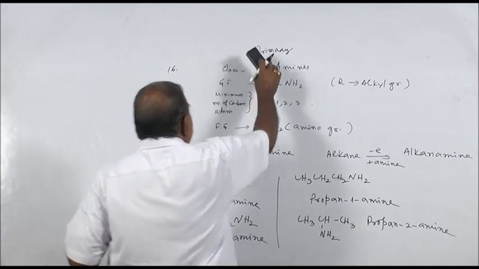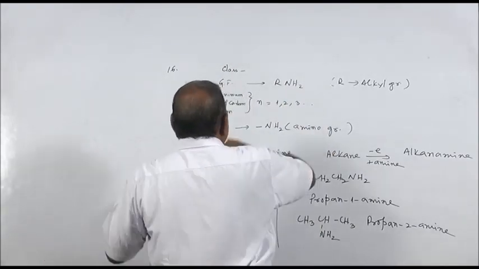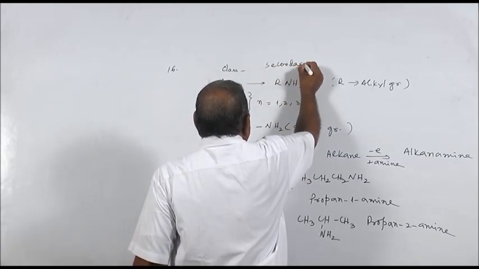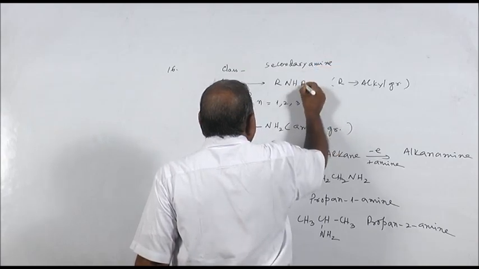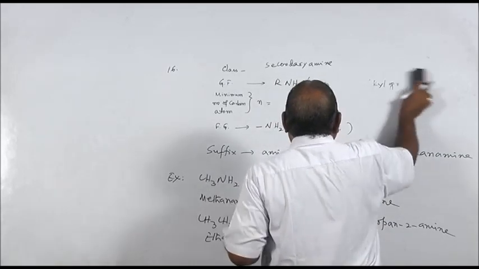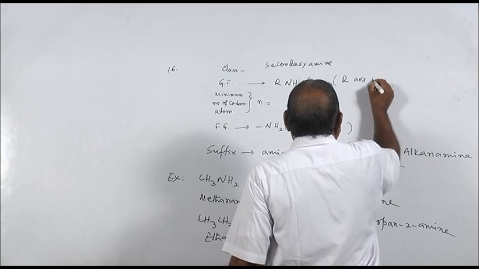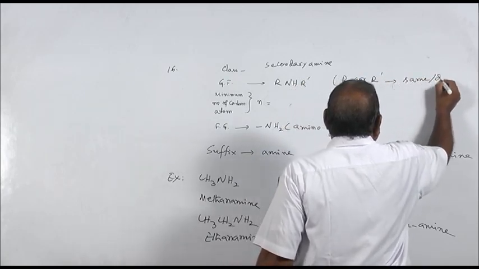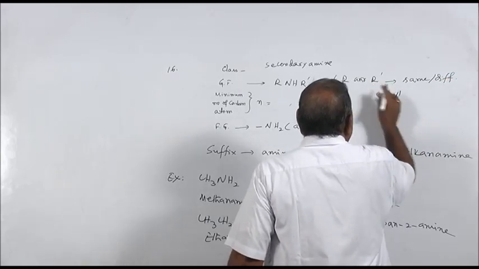So after primary amine, whose general formula is RNH2, I am proceeding to secondary amine. Here there is another alkyl group. So R and R dash may be the same or different alkyl groups.